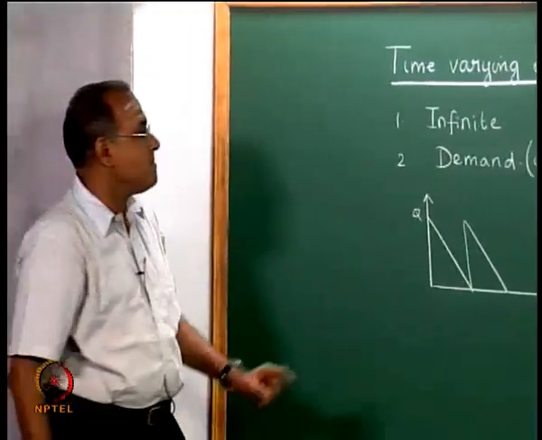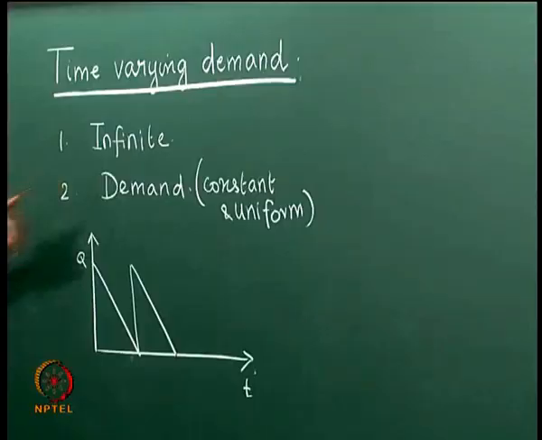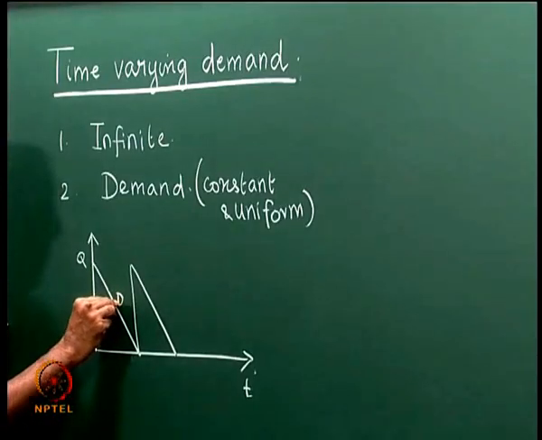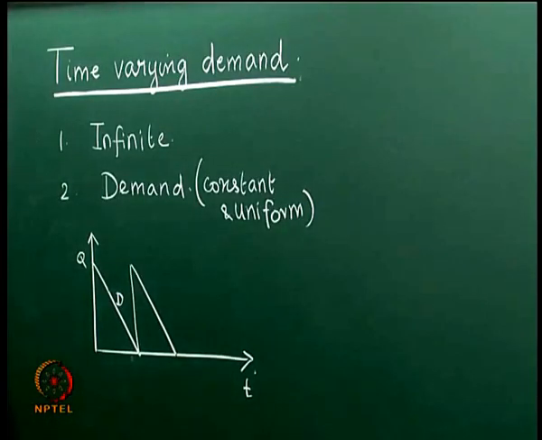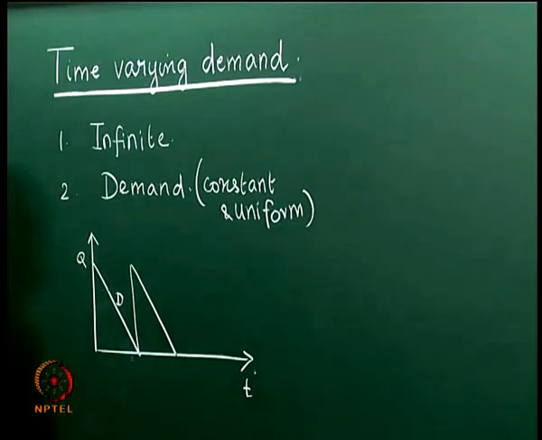The other important assumption is that the demand D, which is the rate at which the inventory is falling, is the same at every period. More importantly, it is the same at every instance. Now what happens to inventory problems when the demand varies with time, which is a very practical thing that happens around.